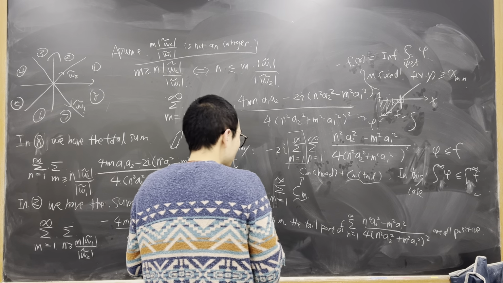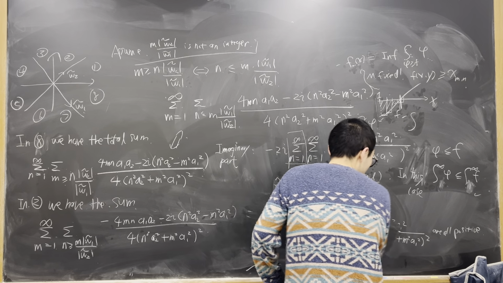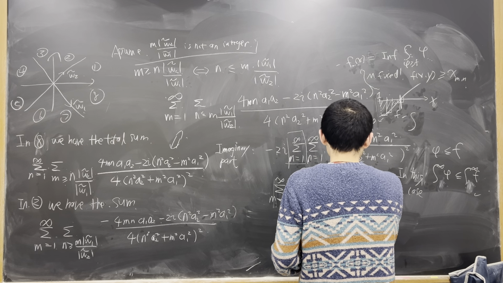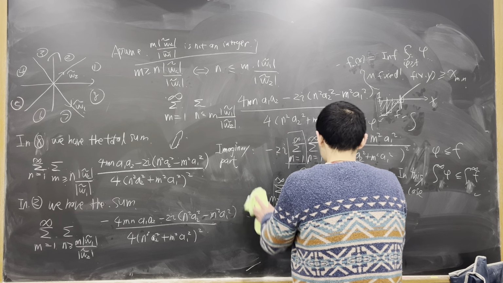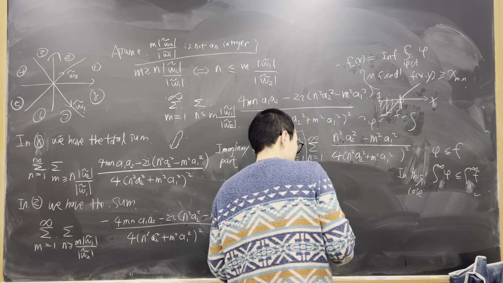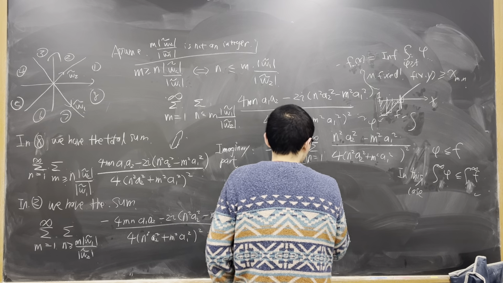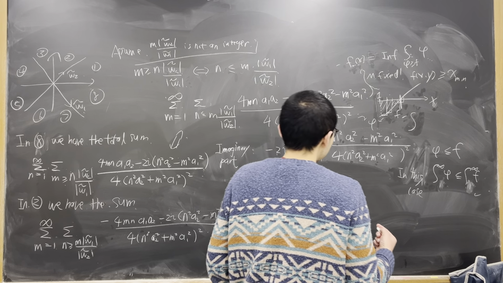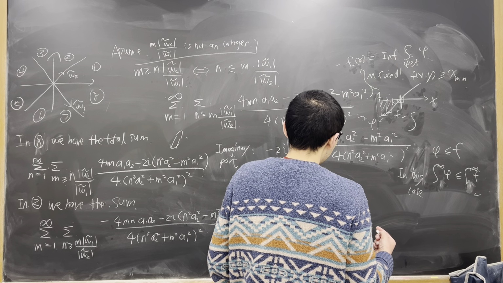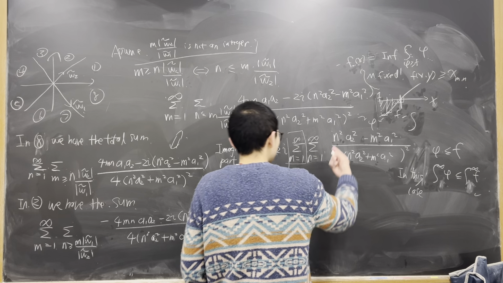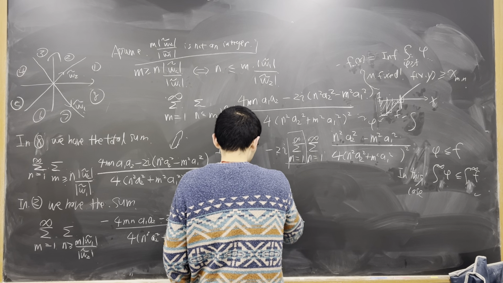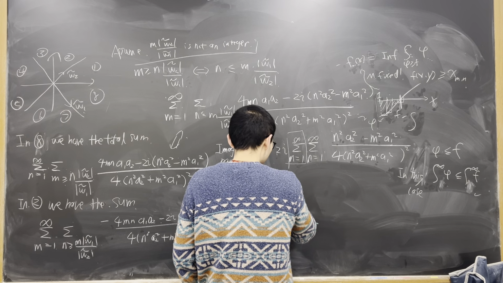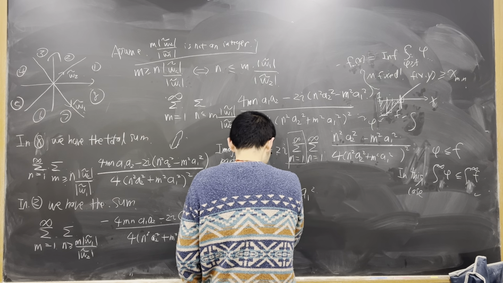So let me just erase this one. Okay. So if I divide by m on both sides, I'm getting n squared over m squared times a2 squared minus a1 squared.